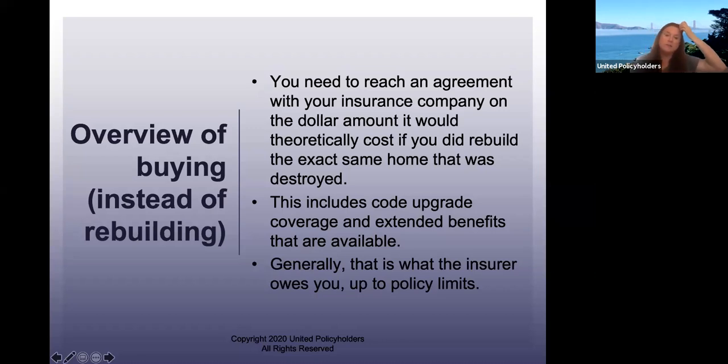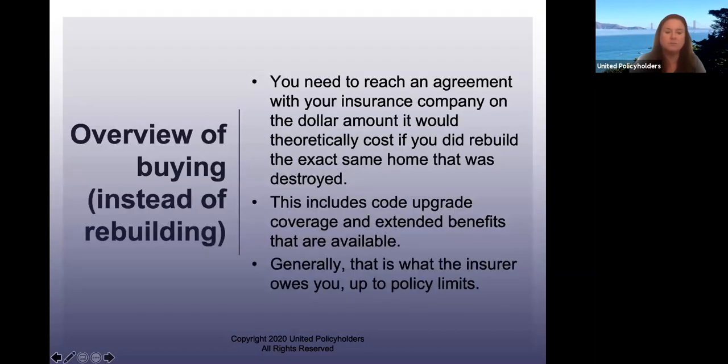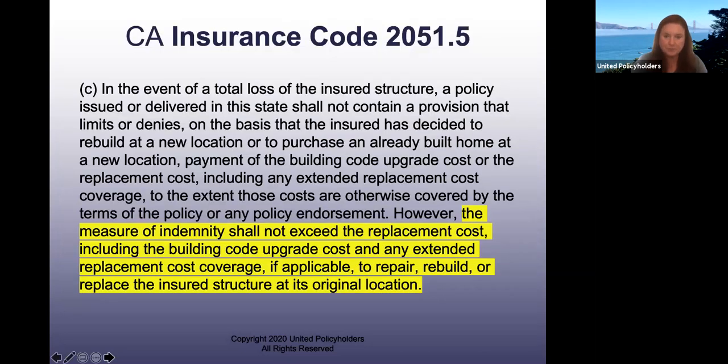A lot of these insurers, let's talk about code upgrades. This is insurance code 2051.5. If your fire happened after September 21st of 2018, which probably most of yours did, this is the law of what they owe you.